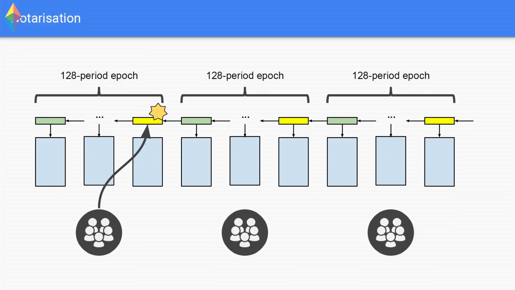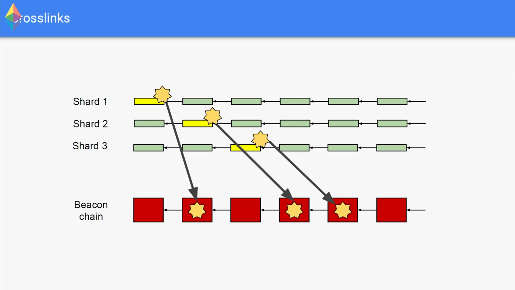And if you have this 50% threshold, then you get a fully notarized checkpoint, which basically is attesting to the fact that all the data in this epoch is available. Now, another name for these fully notarized checkpoints is crosslinks, and you'll see why.